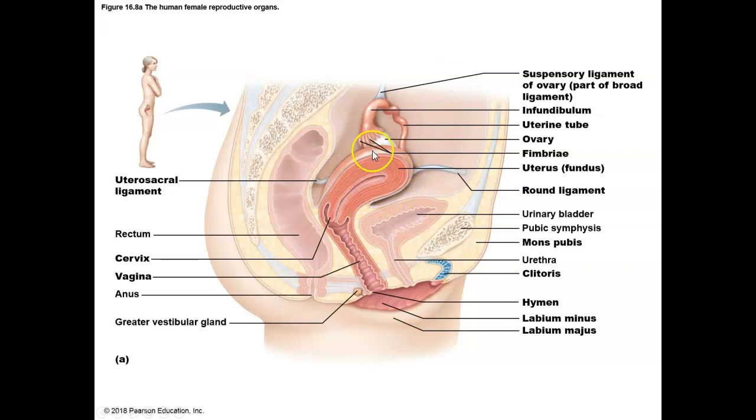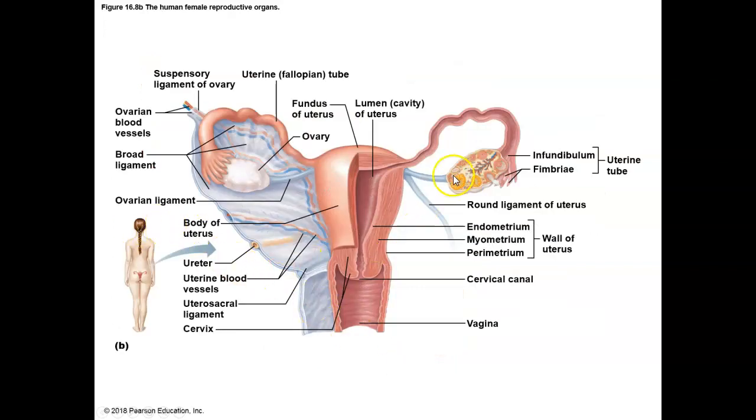You can see the three linings: the outer lining, the perimetrium, then you have that myometrium, and then the endometrium is right in here. And this is the layer that thickens and thins out every month. And I showed you this figure already, so I'm going to go to the next slide.